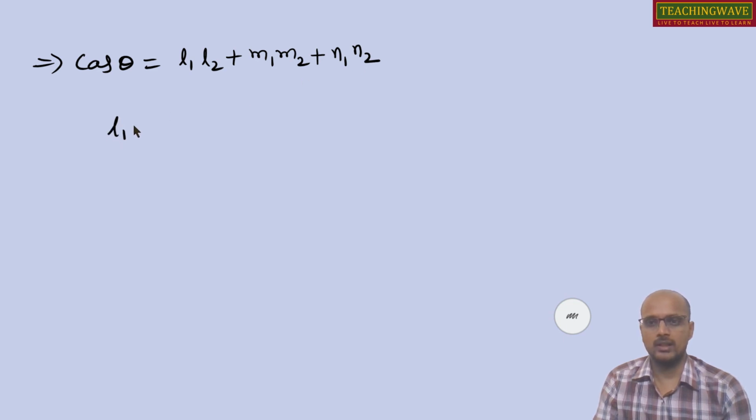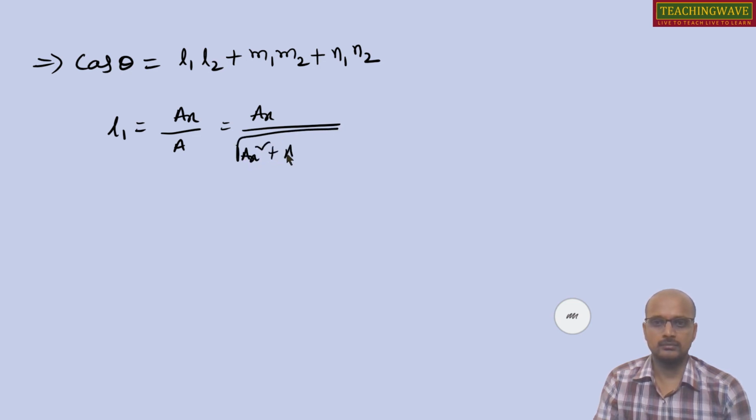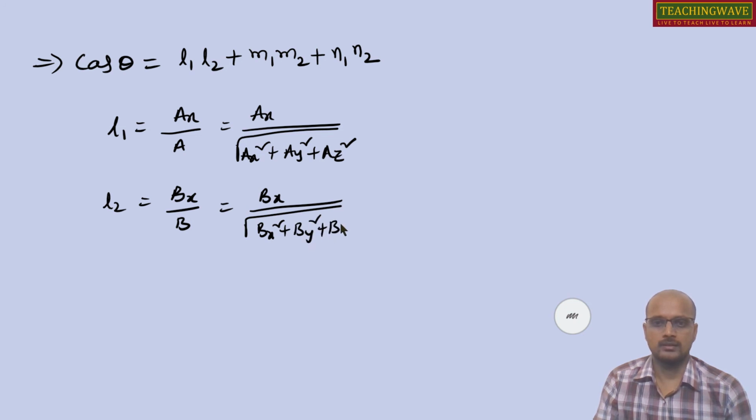Here l1 is equivalent to ax by A, that is ax by root of ax square plus ay square plus az square. Similarly, l2 is equivalent to bx by B, that is bx by root of bx square plus by square plus bz square.